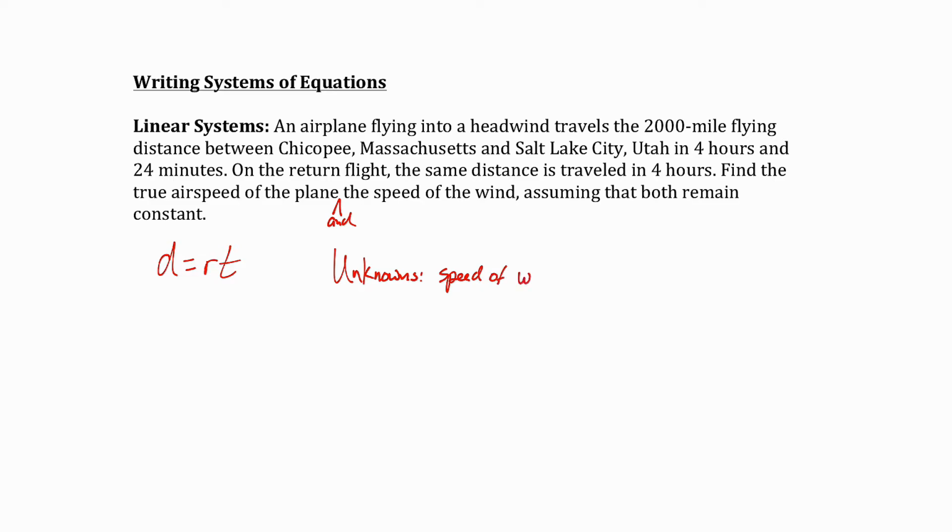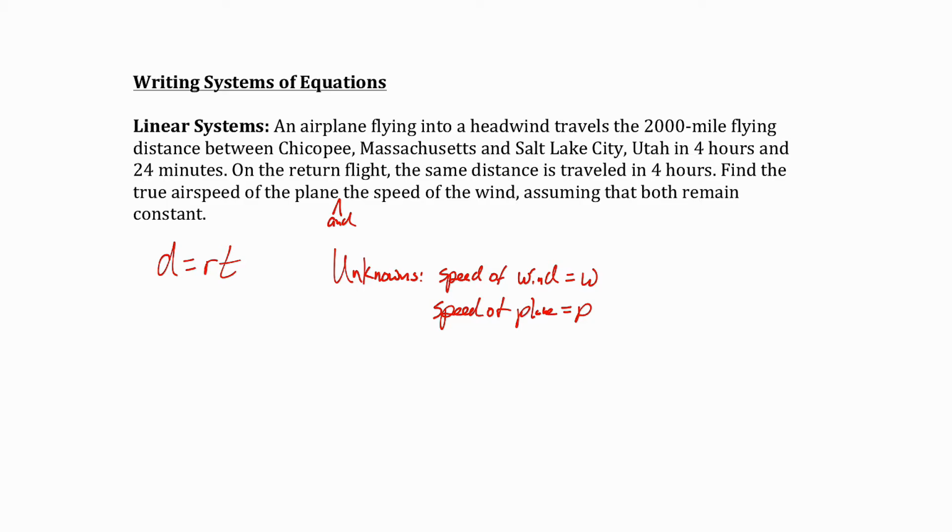We're going to assume it's the same in both directions, regardless of which time we're flying, so let's just call it W. What we also don't know is the speed of the plane, and we're going to call that P. On the way from Chicopee to Salt Lake City, it takes 4 hours and 24 minutes, and on the way back it takes 4 hours.